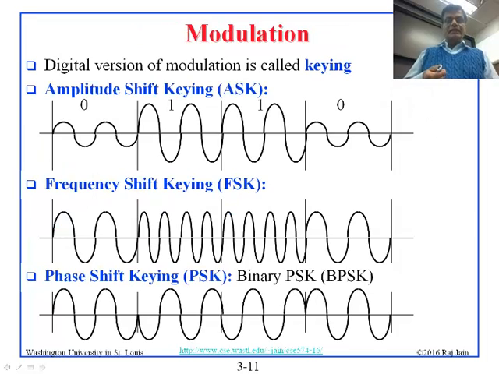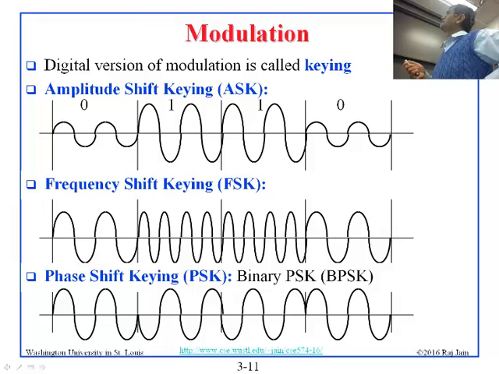Okay. Now, I just showed you some square waves, but let's forget that for a minute and just think about sine waves. If you have a sine wave, then you can modulate it in different ways. For example, if the amplitude is small, that is a 0.